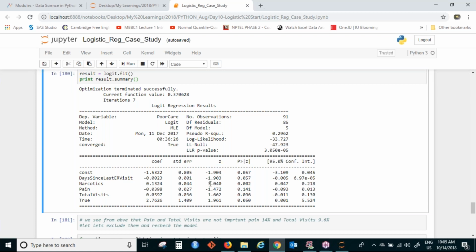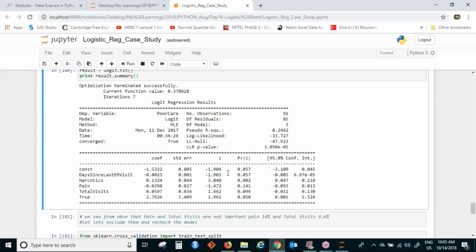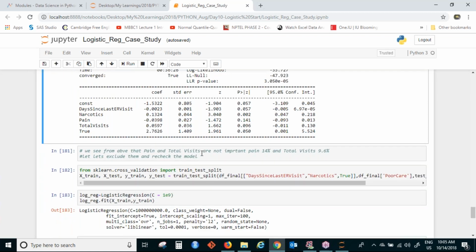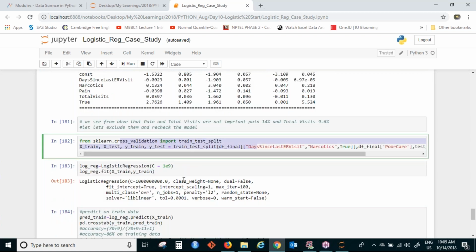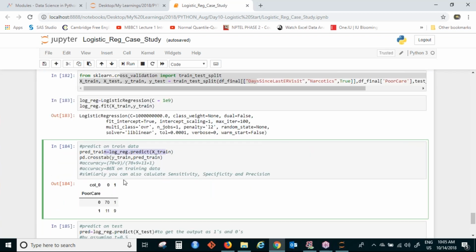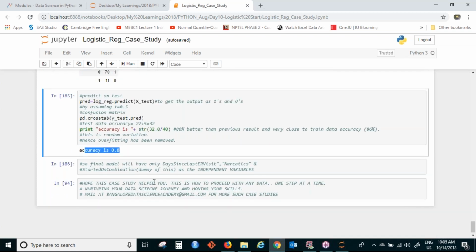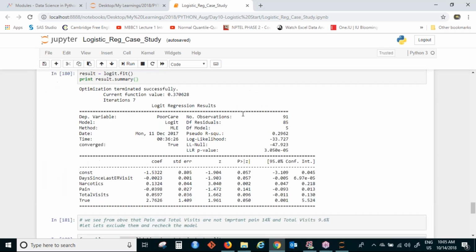These are the z values which are coming from the z test. Based on that we have our p-values, and looking at these p-values we decide whether the variable is important or not. Then once again I have divided into train and test, built a model on train and predicted on the test, and then computed the confusion matrix, and I have gotten some accuracy. So these processes remain the same.